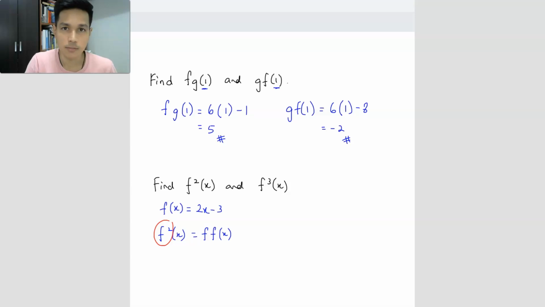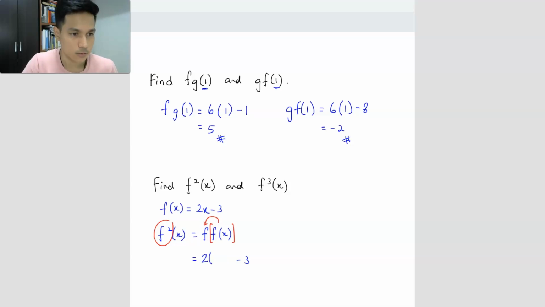So what is this? Remember I told you you're reading from right to left. So you're going to take the fx function here and substitute it into the fx function again. It's not squaring it, it's two different things. In this case, fx is 2x minus 3, so you're going to substitute 2x minus 3 back into the 2x minus 3 again.